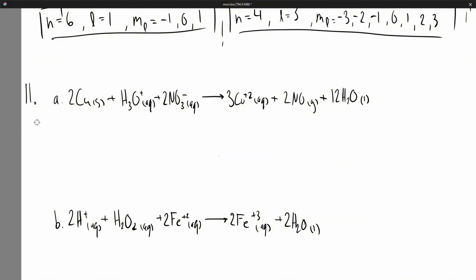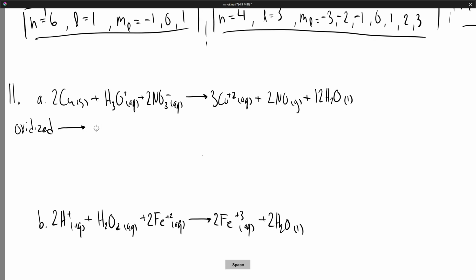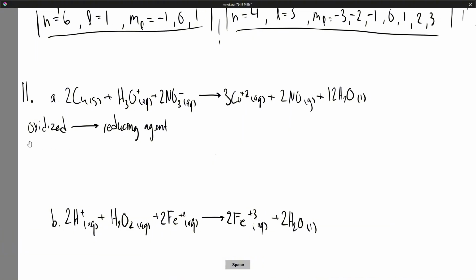If it's being oxidized, it's losing electrons and giving them to something else, which means it's reducing the charge of something else, which means it's the reducing agent. And if it's being reduced, it's gaining electrons. It's helping something be oxidized, which means it's the oxidizing agent.